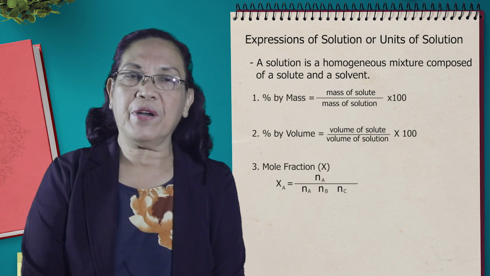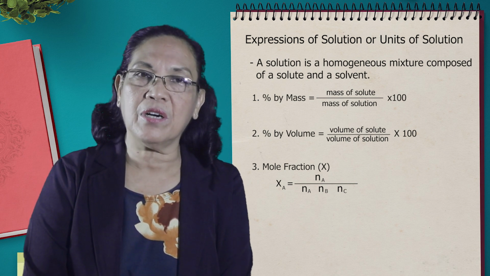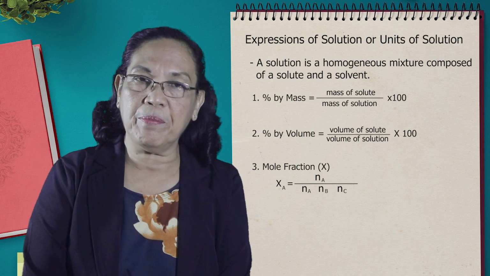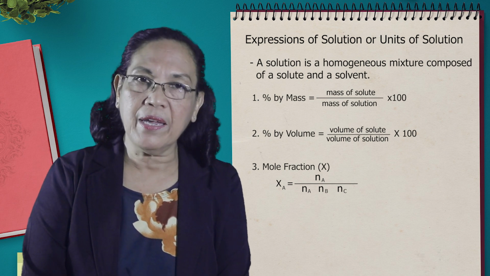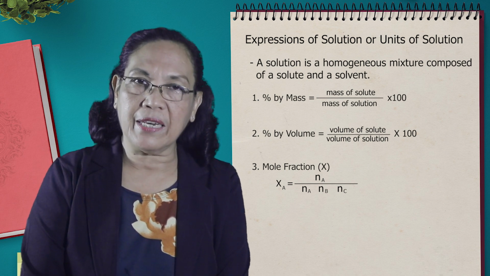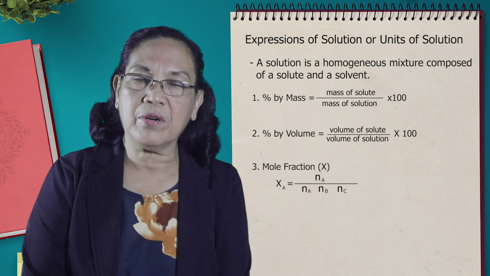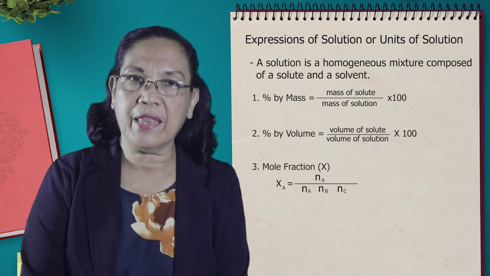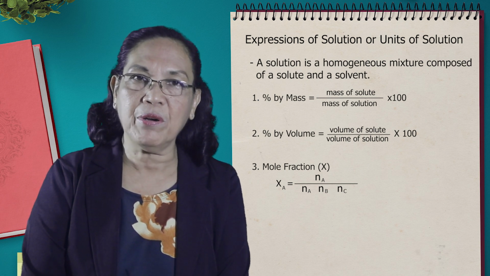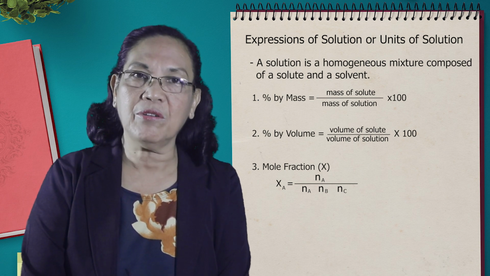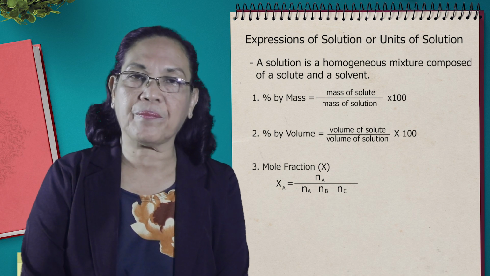And for the mole fraction of the water, X sub B equals 3.33 divided by 0.54 plus 3.33. So you get the mole fractions of the ethyl alcohol and the water.